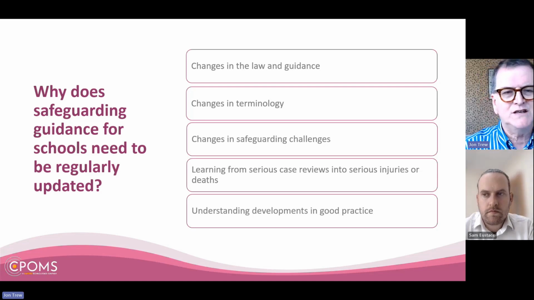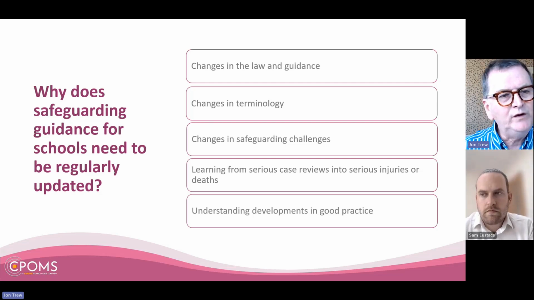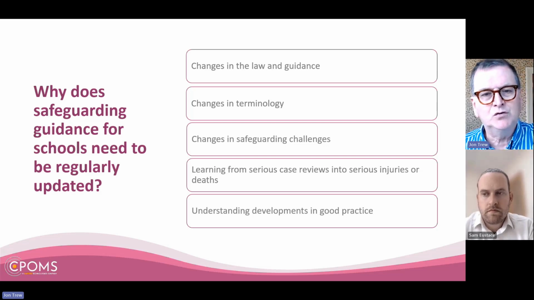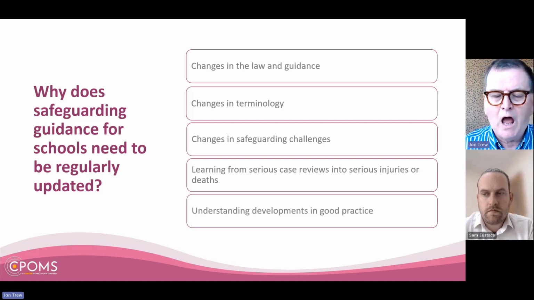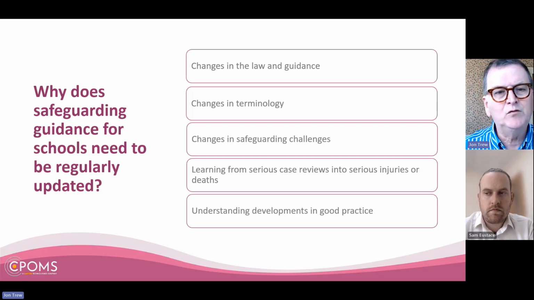If the policy was different, perhaps it wasn't put in practice, what learning can we get out of this tragedy? And one of the things why we need to update guidance is to make sure that those deaths of those children are not for nothing, that we learn from those deaths.